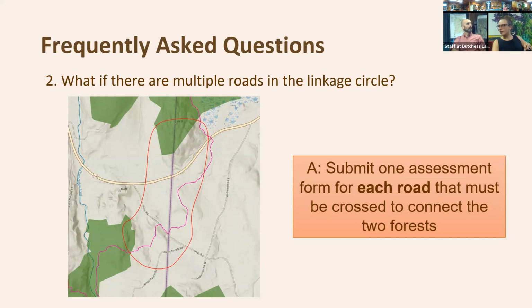The pink line running through the screen is the Appalachian Trail. In this case, our linkage circle is covering Route 55 and a quieter back road that I think is Hoyt Road. In this case, you would fill out 2 assessment forms, 1 for each road, because they're going to have really distinct characteristics, and it's going to be hard to wrap up the characteristics of each road within 1 form.